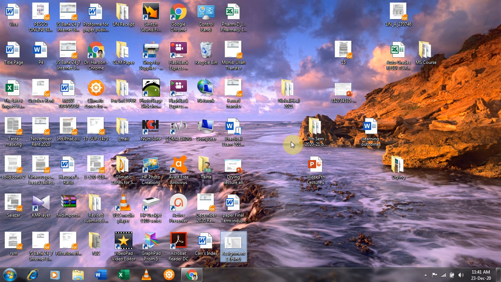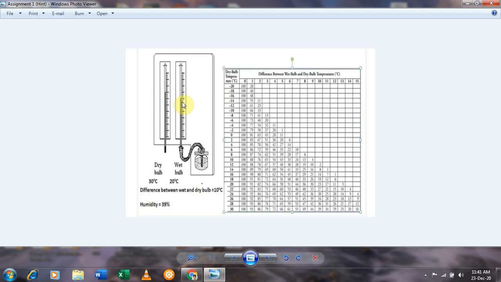You will use this chart. You can see on the left side one of the examples given for this purpose. We have two thermometers. One is the dry bulb thermometer, without soaking in the water reservoir, and the second one is the wet bulb thermometer, kept in the water reservoir.